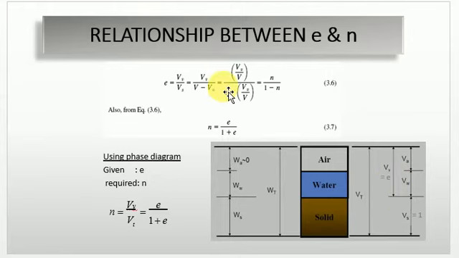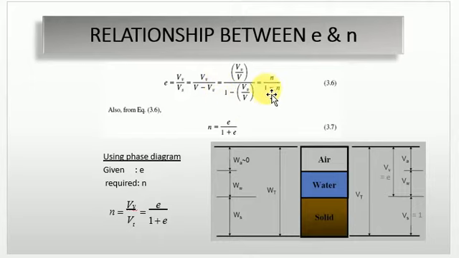Here we divide both terms by the total volume. You can see in the equation we have divided both sides by the total volume. So Vv over V divided by V over V minus Vv over V. Here V over V is going to be 1.